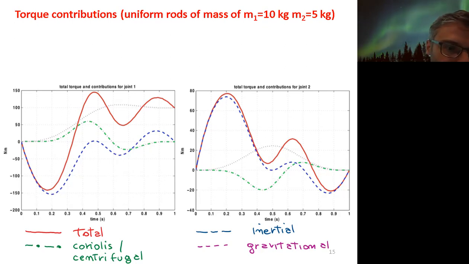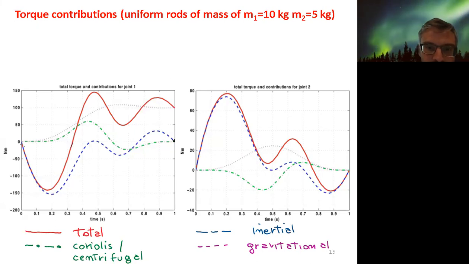This is the total torque at joint 1, and at the initial point the torque is 0 because we have initial 0 velocity and 0 acceleration, and the initial configuration, remember, is the one for which the gravity torque is 0, because the robot is folded like this, and its gravity forces are going through the joint axis. So everything is 0. Then at the final configuration, we have 0 acceleration and 0 velocity.